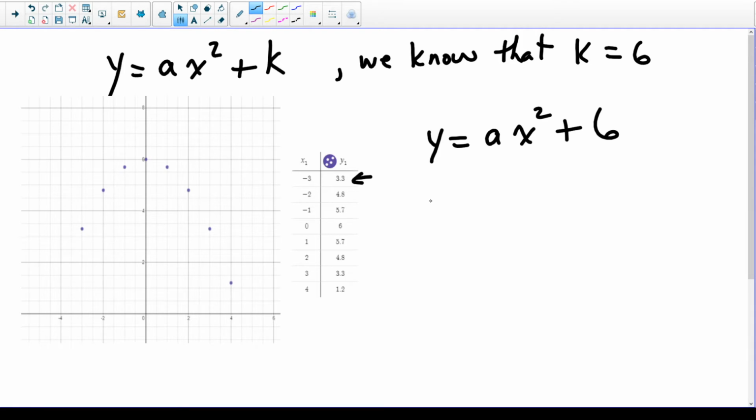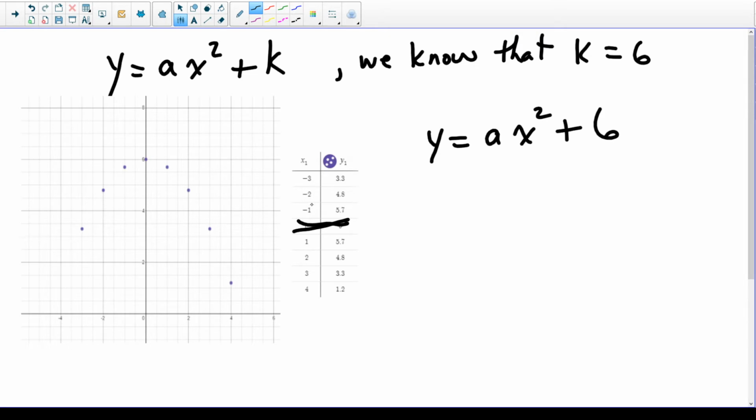Now there's one of those combinations that we can't use, and that is the 0, 6. We can't use the 0, 6 because that's what this number is. So we can't reuse that one because we've already used it. But I can pick any other number combination in that table of values. So you do need an x and a y.